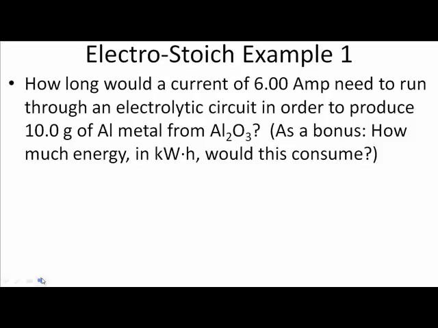So, what we need to know is what equation governs this. Well, we care about this equation. This is what we want, right? We're taking aluminum ions, adding electrons, making solid aluminum.